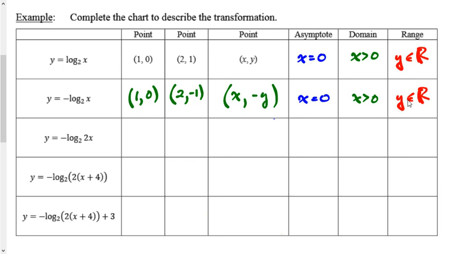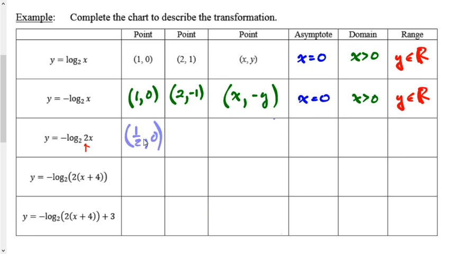All right, the next stage, we still have the negative in front. So any change that happened in the previous line will carry down to this line. But we also have this 2 here that's multiplied to the x. So that tells me that I'll have a horizontal stretch by a factor of 1/2. So this x-coordinate times a half gives me 1/2 for the x.